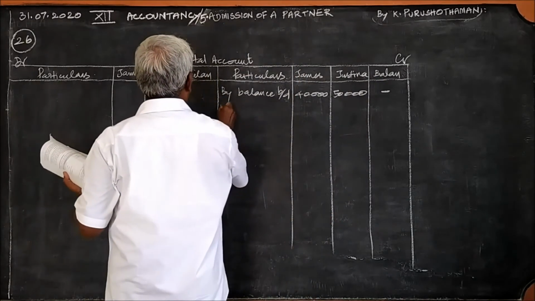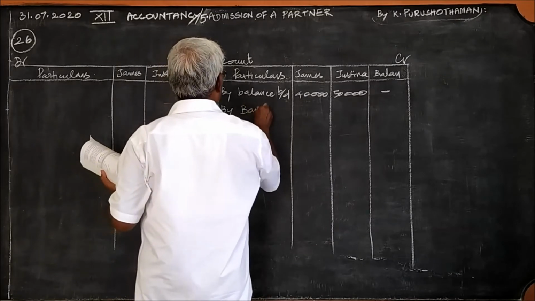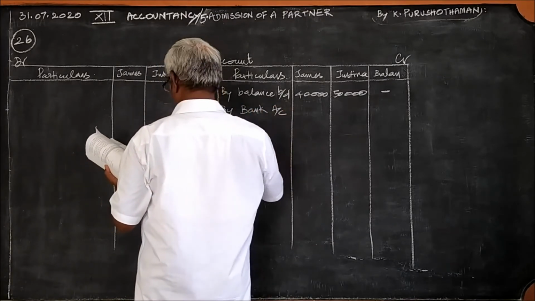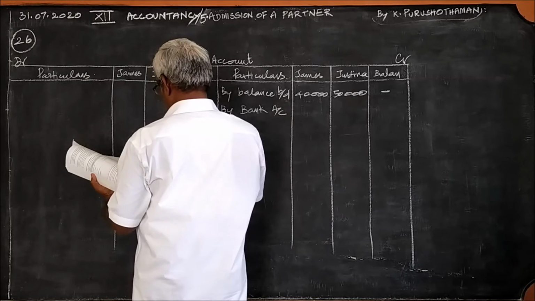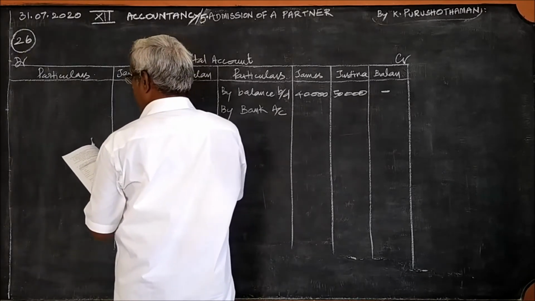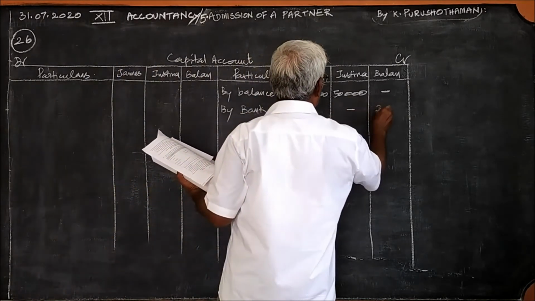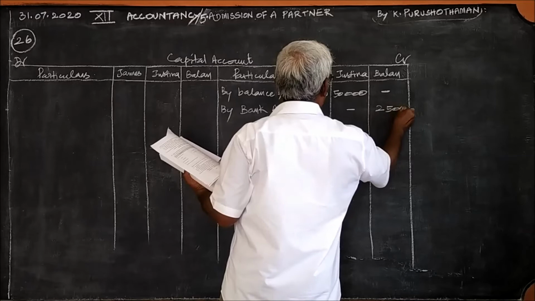The new partner shall bring in the capital that should be written as by bank account. How much is brought by the new partner? Bolan brings 25,000, so 25,000 we should write.